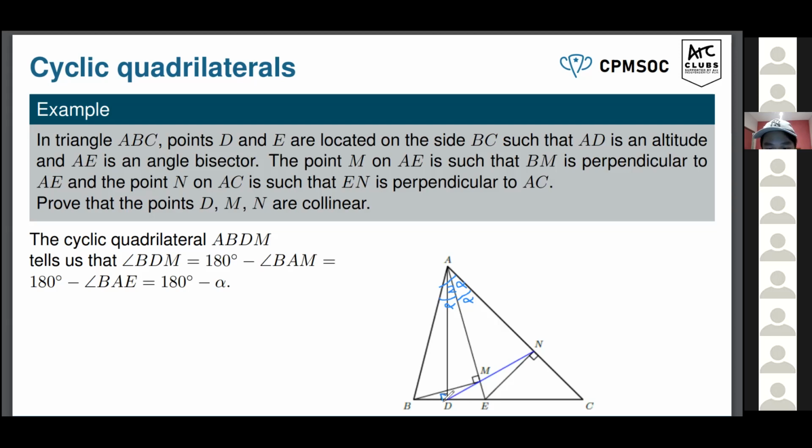BDM is here. So that'll be 180 minus alpha, because BDM and BAM, which is alpha, are the opposite angles in a cyclic quadrilateral. And we can see that this angle here, MDE, is alpha.